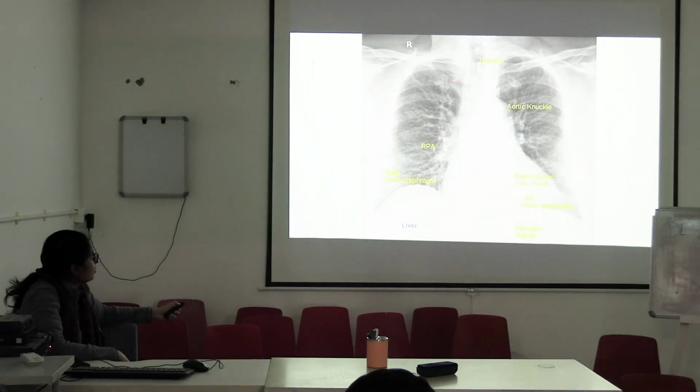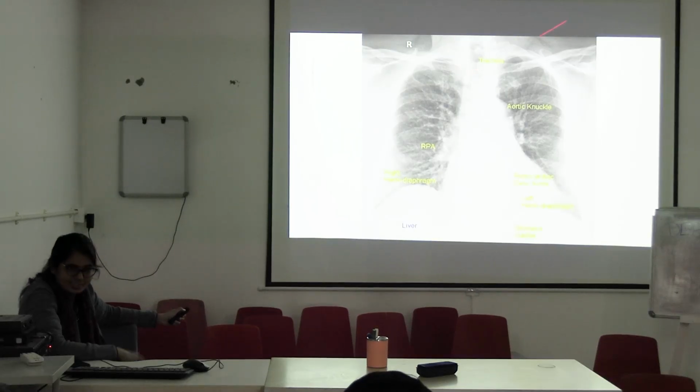So look at the position: whether the medial end of the clavicle and the midline are equidistant. If this is the midline and this is the medial end of the clavicle, this distance is not equidistant here. On this side the distance is a little bit more, right? So there is a slight rotation, not central.